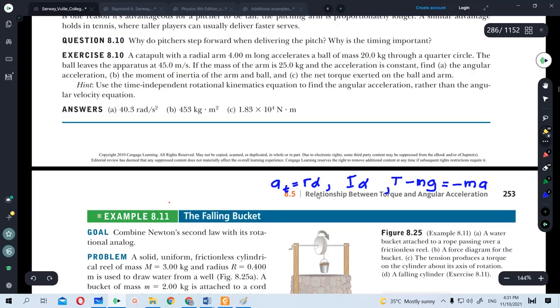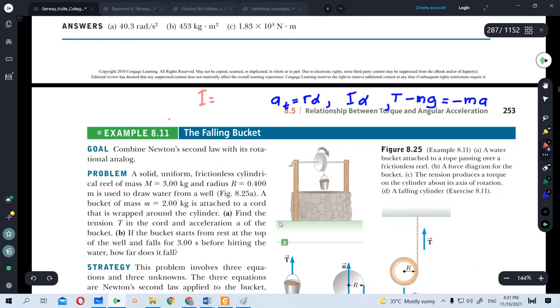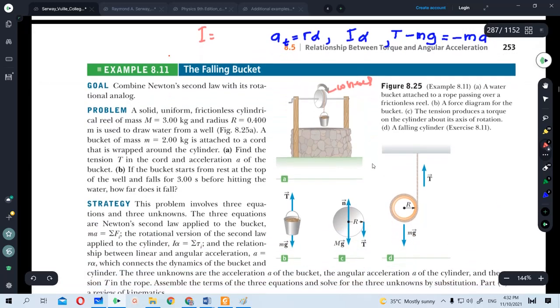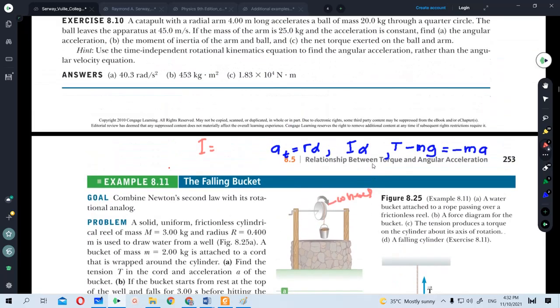Now I have here a very similar example with the same equations but with an additional equation, which is number 1: I is equivalent to what? Here you will find that you are using a wheel as well, where this is the wheel, and the wheel will have I equivalent to half mr squared.